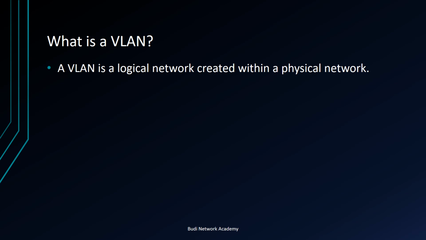For example, we could create VLAN 10 for IT, VLAN 20 for HR, and VLAN 30 for management. The important thing to understand is that VLANs allow us to separate network traffic logically without necessarily needing a separate physical switch for every department.